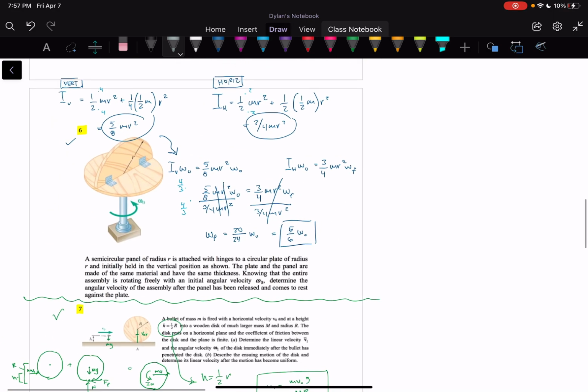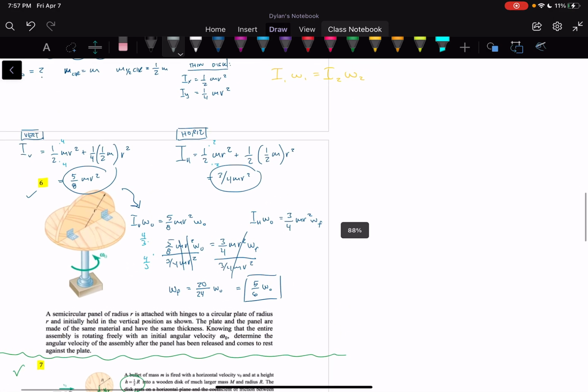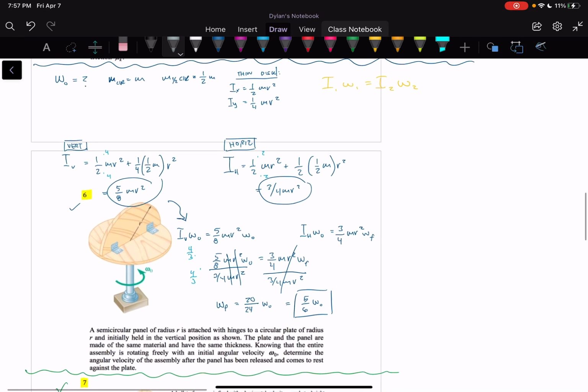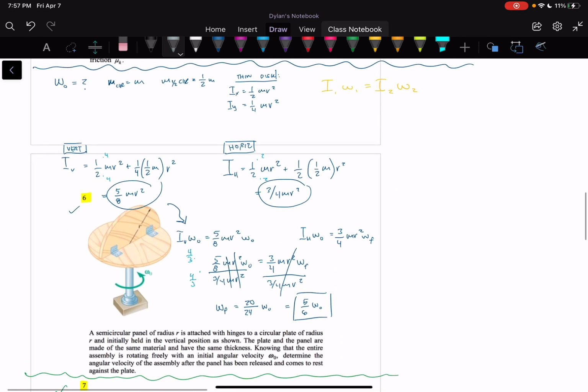And moving on to number 6, we also went over this one in office hours. So we can think of this as 2 different positions when this middle plate or piece of wood is vertical and when it's horizontal. So the first part of our moment of inertia, 1/2 mr squared, stays the same for both because that's the bottom disk rotating about the x-axis.